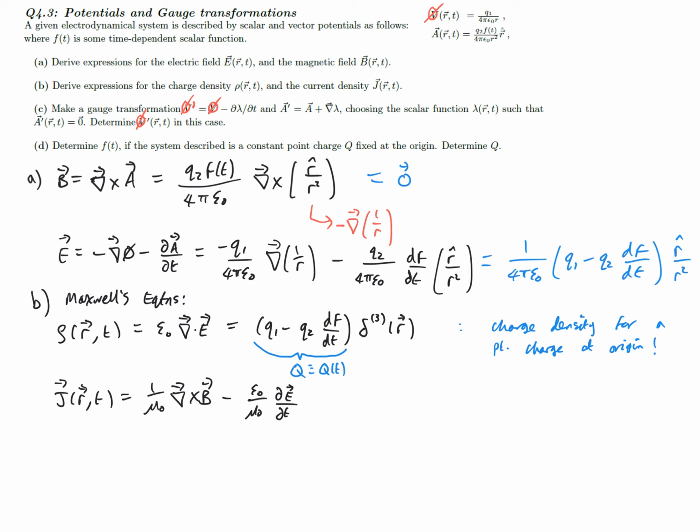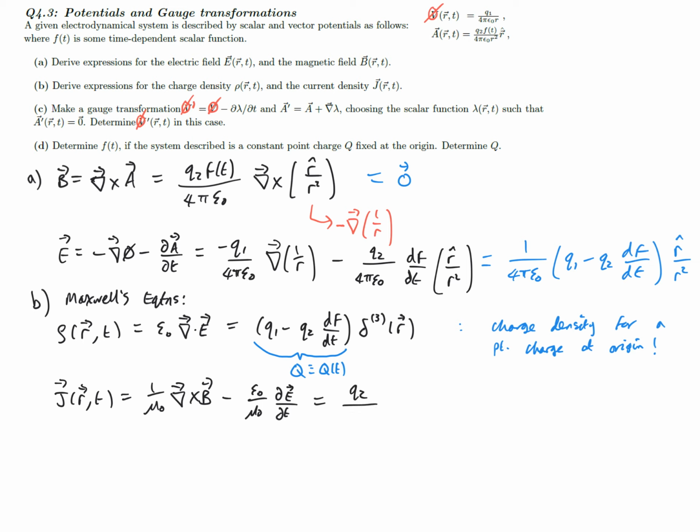And because we know B and E explicitly, we can just go ahead and compute this. In particular, the magnetic field is 0, so the first term is 0. So we're just looking for the time derivative of the electric field. That's easy peasy.